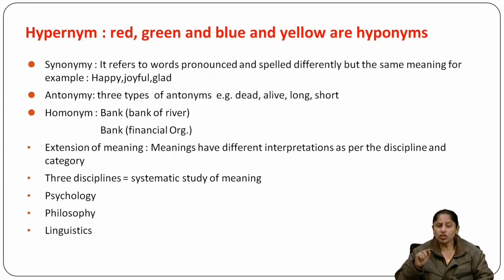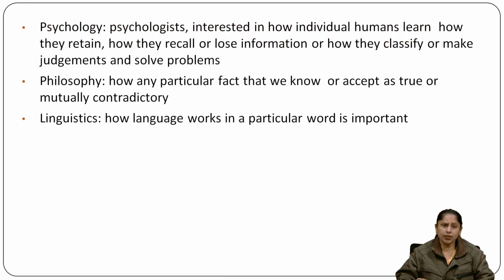So the psychological discipline deals with psychologists interested in how individual humans learn, how they retain, how they recall or lose information, or how they classify or make judgments and solve problems.